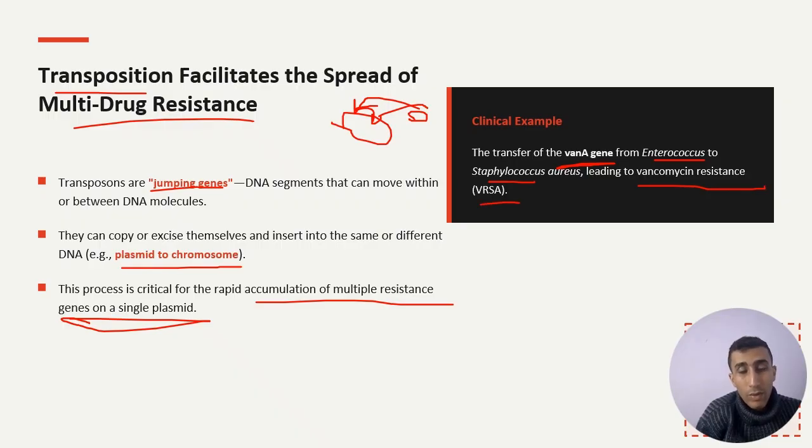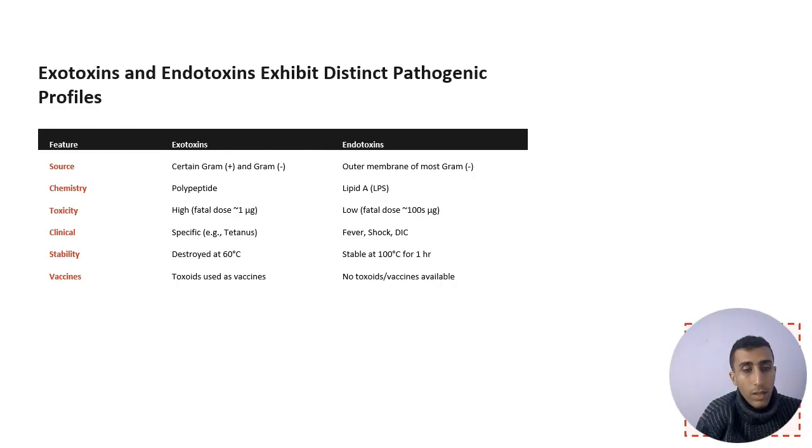You have to memorize this example because it shows how transposition facilitated multi-drug resistance: the transfer of the VAN-A gene from Enterococcus to Staphylococcus, and hence Staph aureus is now vancomycin-resistant Staph aureus. Very high yield. And lastly, we are going to talk about the difference between exotoxins and endotoxins.